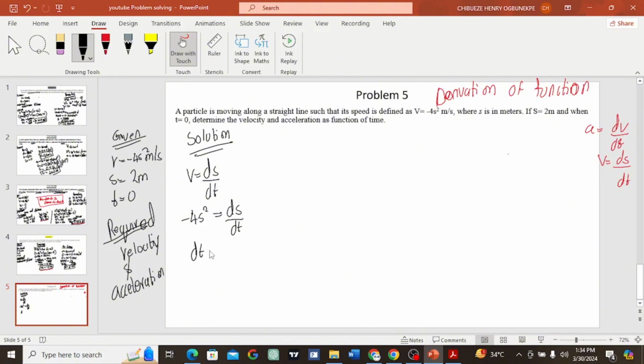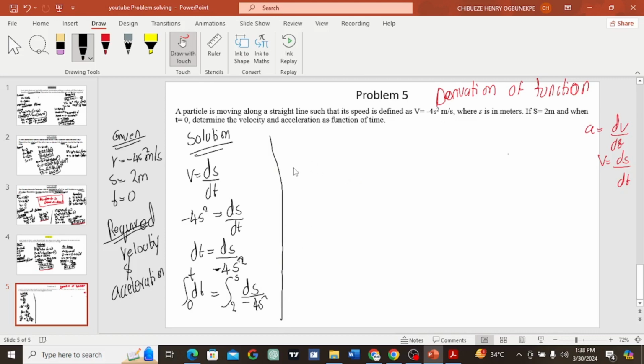Our dt here will be equal to ds over negative 4s squared, where the integral of dt from 0 to t equals the integral of ds over negative 4s squared, from 2, which is s equals 2 meters, to s.